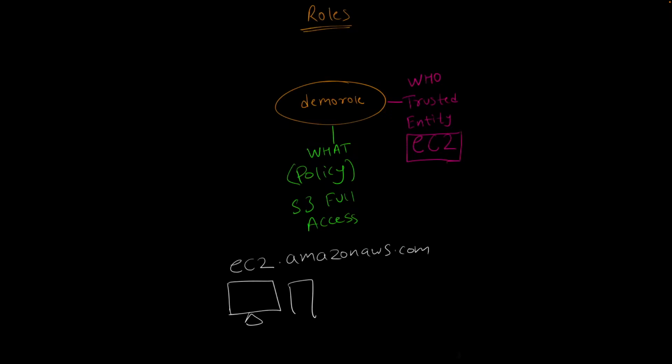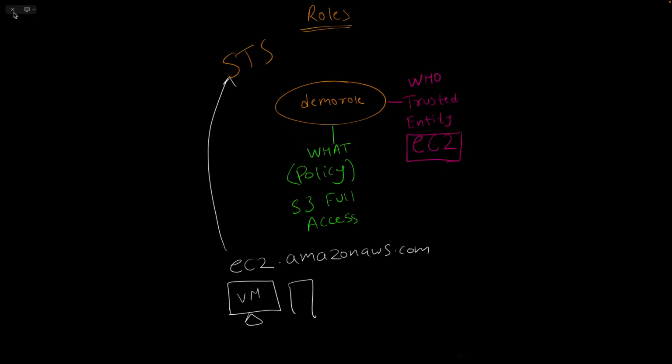It's an EC2 virtual machine or instance that I'm running. And this machine is trying to assume the role, demo role. What comes into picture is the service will have to make a request to STS first. It goes to STS and says, hey STS, I want to assume the role with this ARN, Amazon resource name.